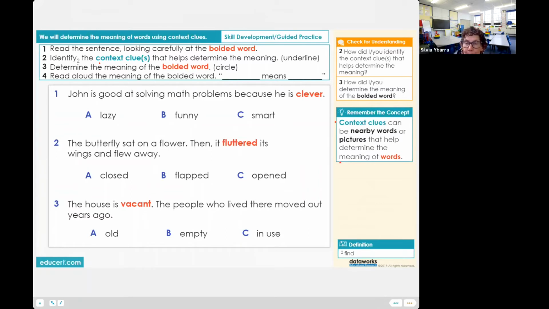What really is important is that they pinpoint the context clues they're going to use to determine the meaning of the word. Another thing is that we use a lot of pronoun reference. If you take a look at number 2, we have the butterfly, and then we go to "it." It's extremely important for English learners to know that that is going to mean butterfly.